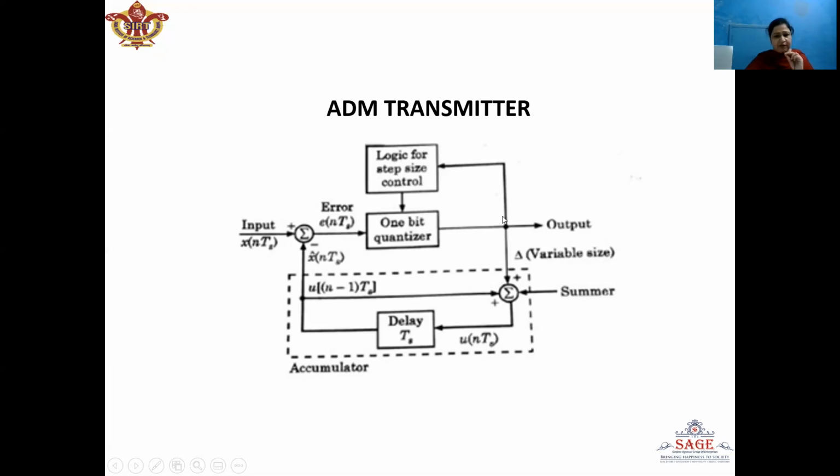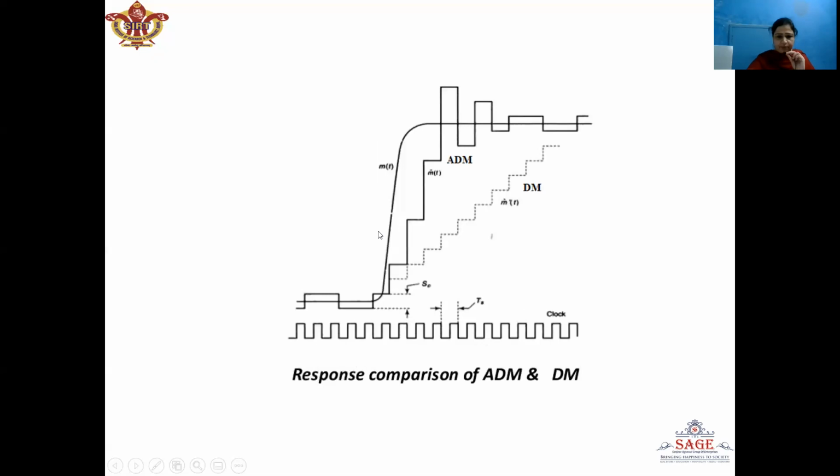So here, when the previous approximated signal is added to the step size, this step size is varying according to the input signal. So accordingly, the present approximated signal is generated, and the difference between the sampled input and the approximated signal is reduced.